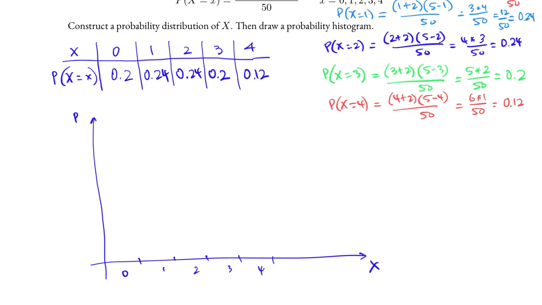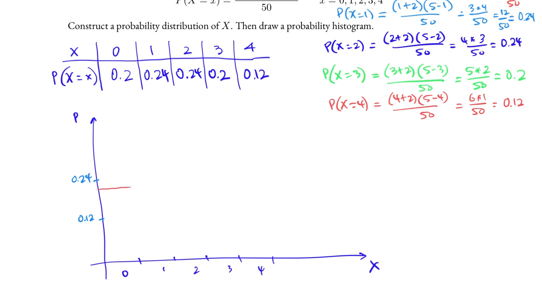The highest probability in this case is 0.24, and so we will use the scale 0.12, 0.24. 0.2 is a little bit below 0.24. And so for the first rectangle, when x equals 0, the probability is 0.2.